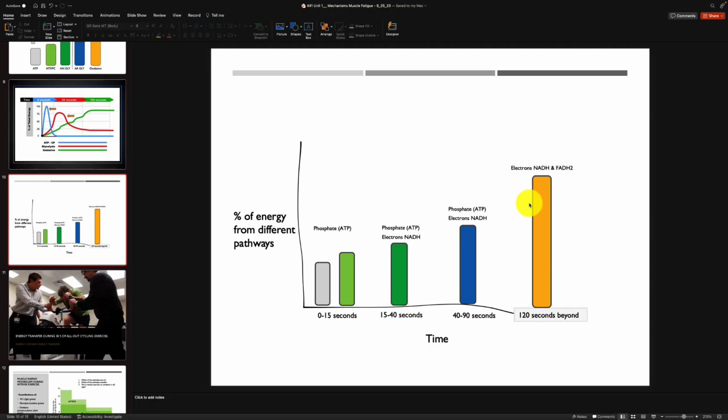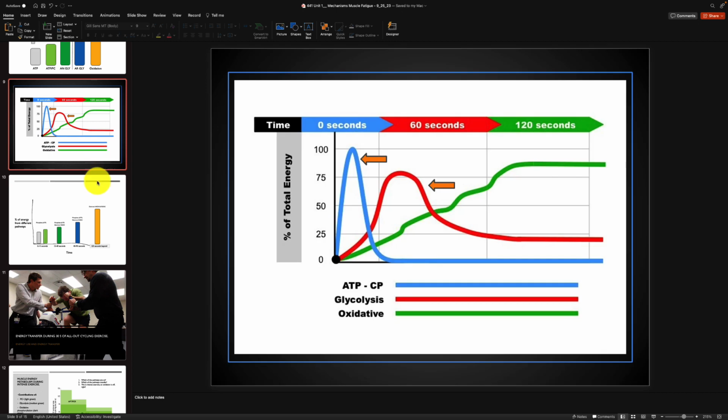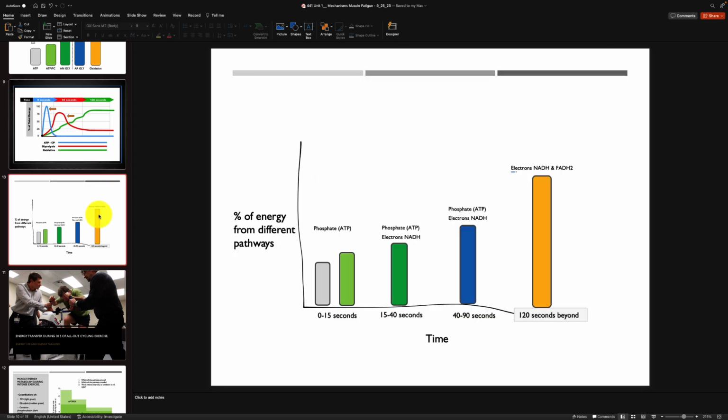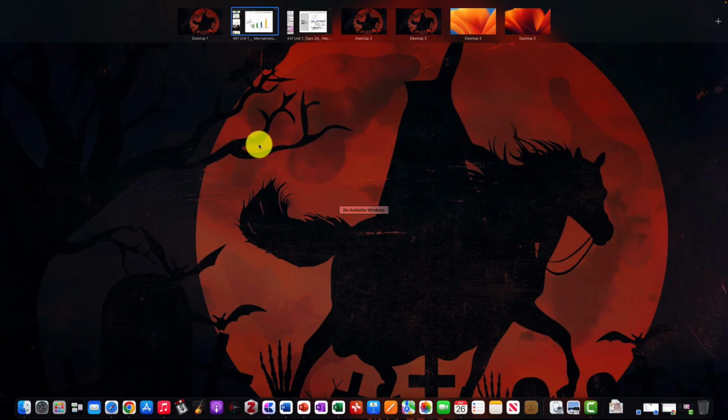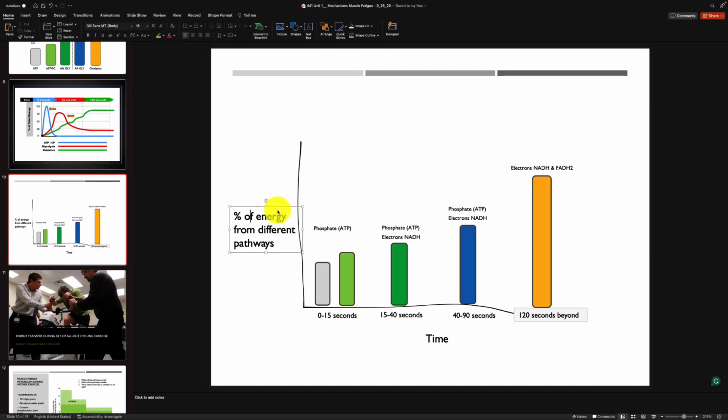All right, guys, so now I'm going to try to draw this for you and try to help make sense of all of this. This is going to be a more detailed representation of what I showed you over here. Let me familiarize you with what's going on. You can see here that on the y-axis, I'm looking at the percent of energy from different pathways.